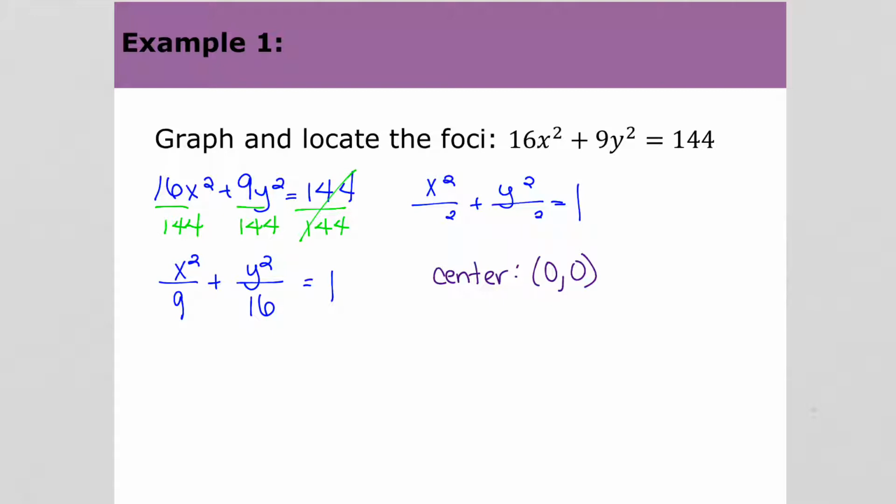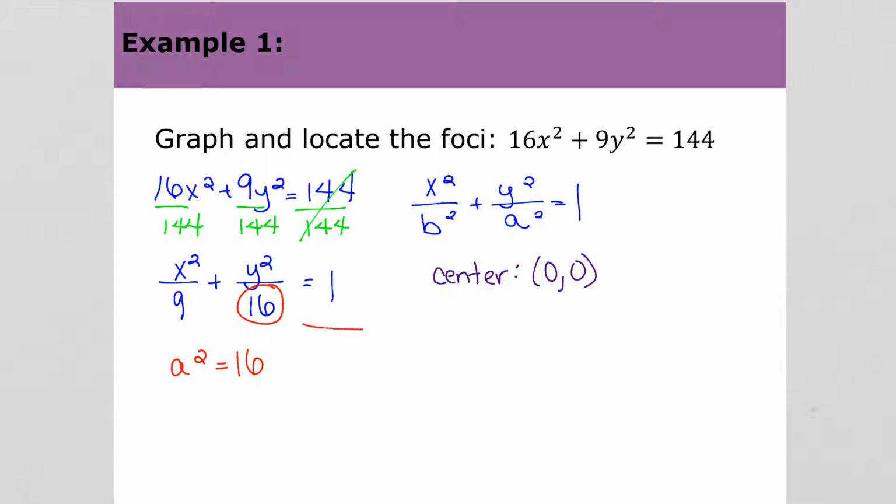So in this case, A is 16, or A squared is 16. So I can go back up here and say that A was under the Y and B was under the X if I wanted to. So A is your bigger number.